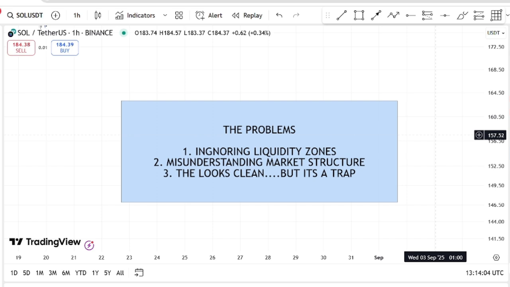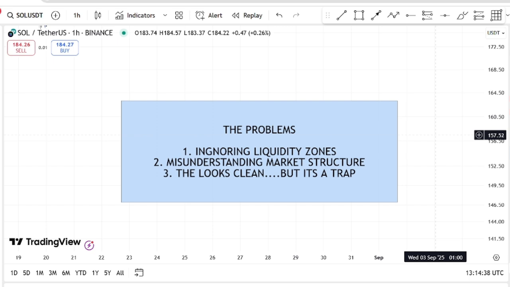The second problem is misunderstanding market structure, and the third one is that you have some setups that look clean, but it's a market trap. We'll go into a real life chart example here so we get to see the mistakes traders make using these highlighted points listed here. Going forward, we'll look at the solutions and how to mark those order blocks rightly.